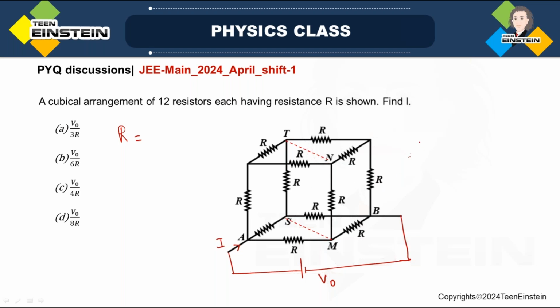See, this is A and B. The lower part I have got R, and I have got here 3R. This is a parallel circuit. Okay, so now this is V0.